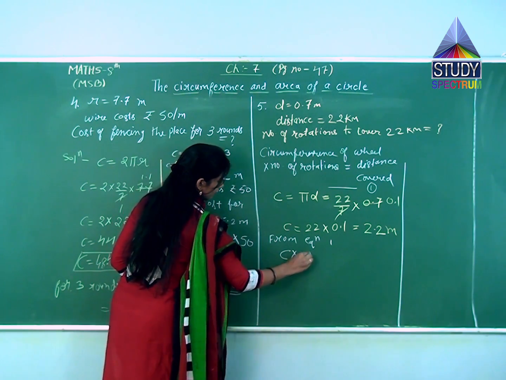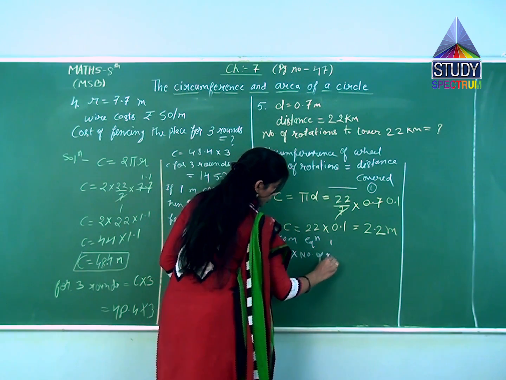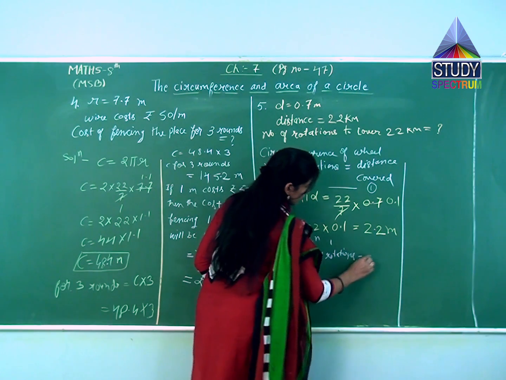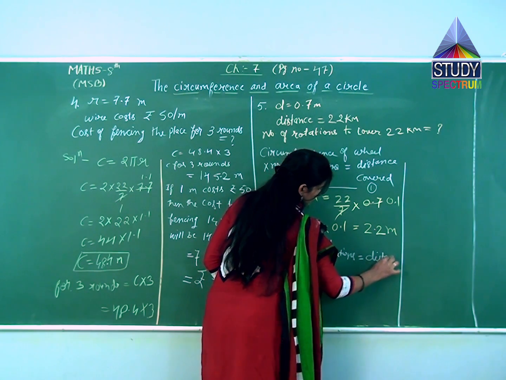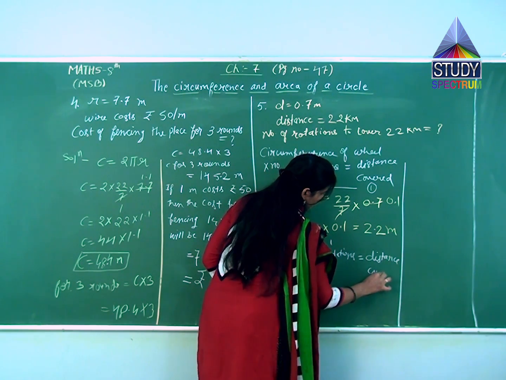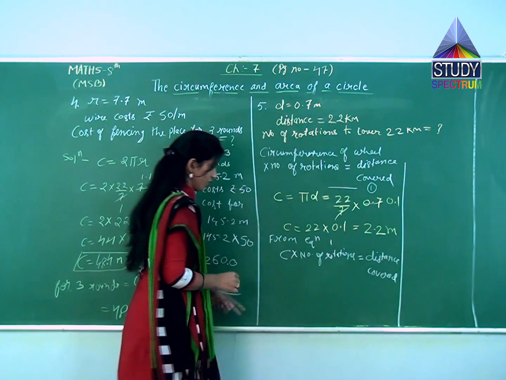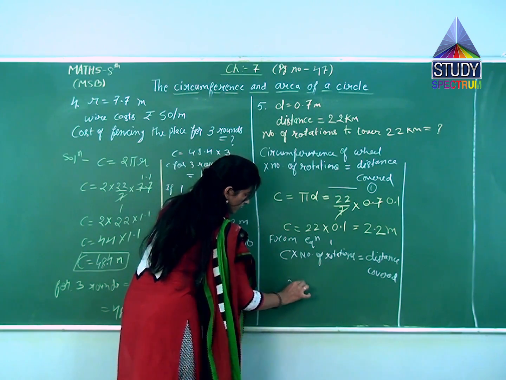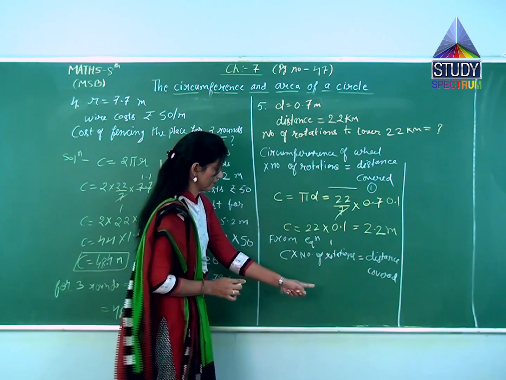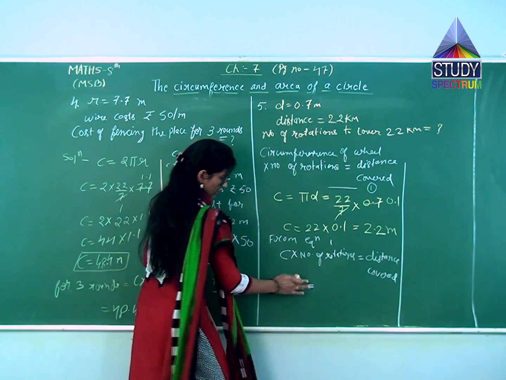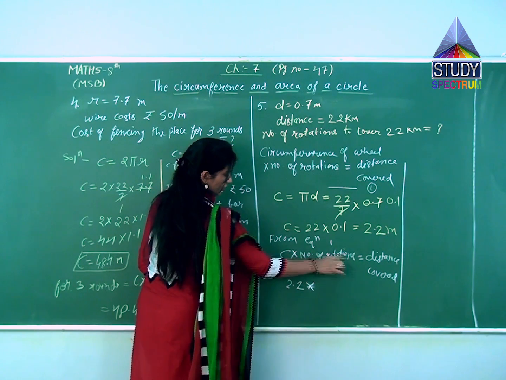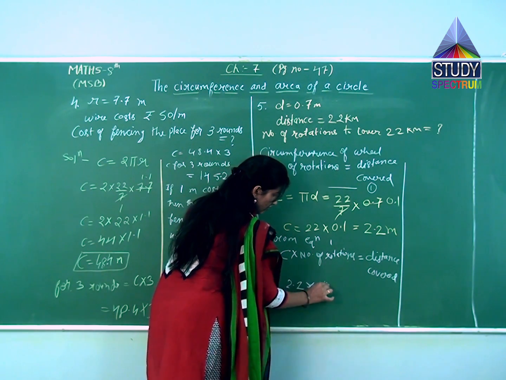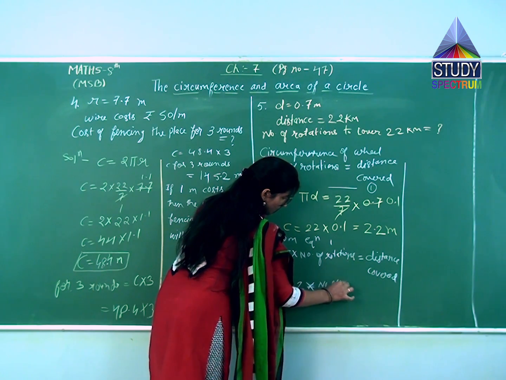Circumference into number of rotations equals distance covered. Now the circumference is 2.2, so we write 2.2 into number of rotations. We do not have the number of rotations, so it stays as it is.